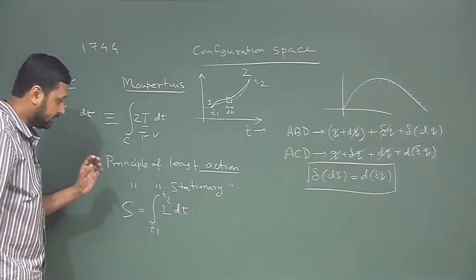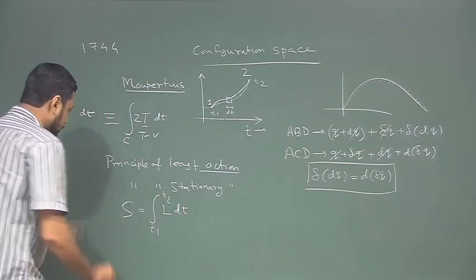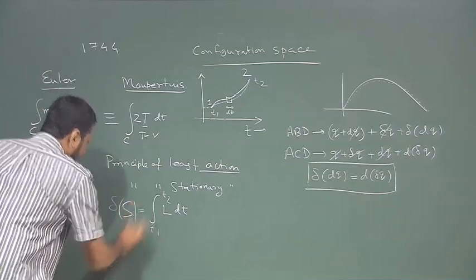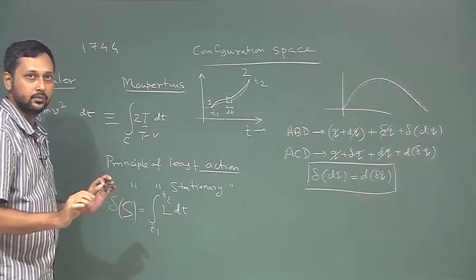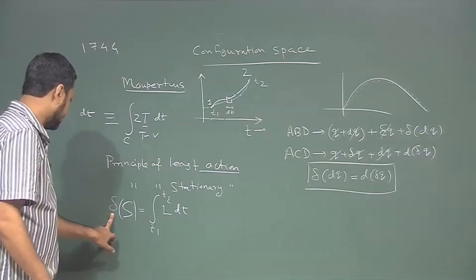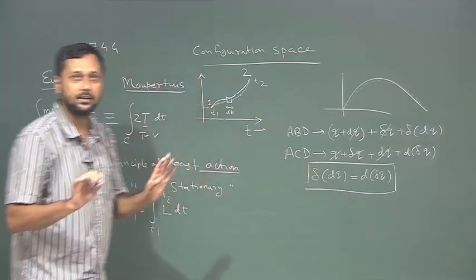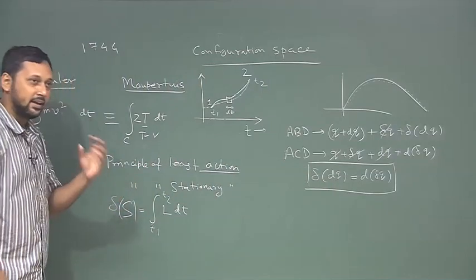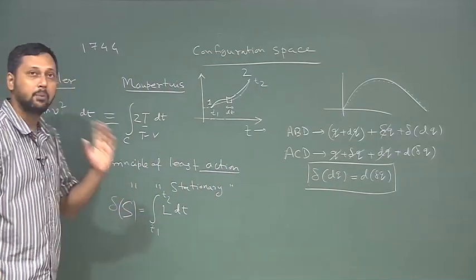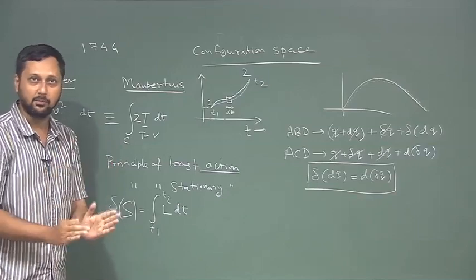A system will take a path along which the variation of this action is equal to 0, and we see that this delta operation, the variation operation, is interchangeable with the derivative. It is very much like a derivative action. That means the system finds a path along which action is minimized.